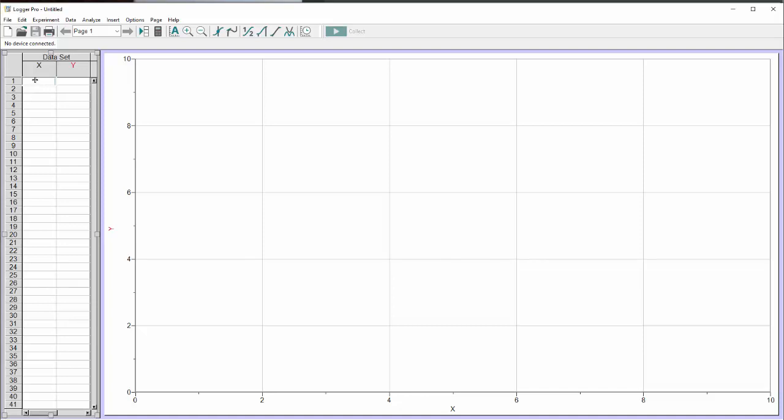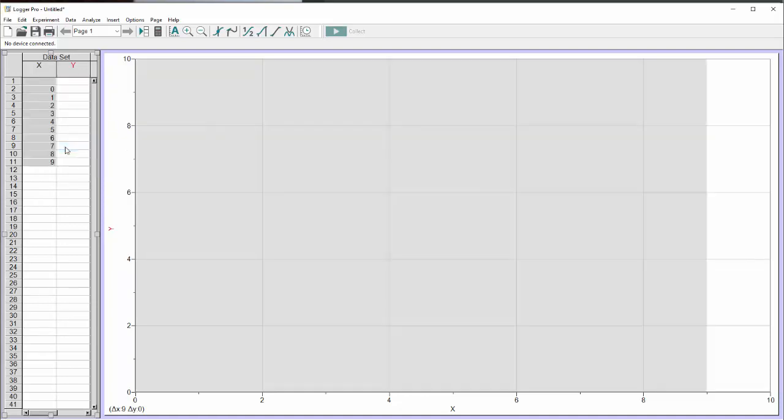I'm going to go to this column here under X and right click and paste. Now notice when I take it from a table in a grid that's in a Word, or in this case Google Doc, it sort of leaves the first block blank. Okay, we'll get back to that.